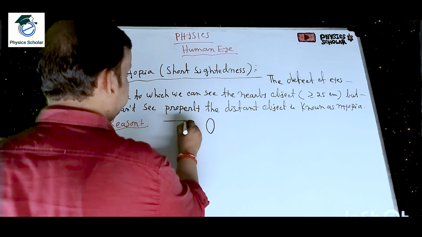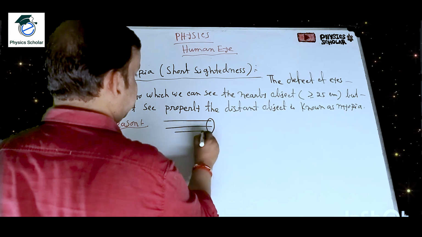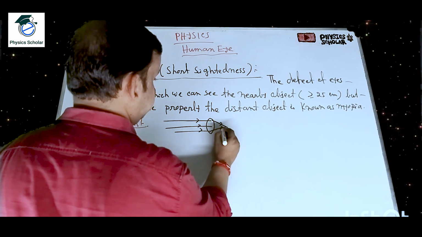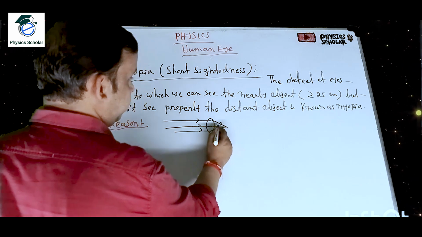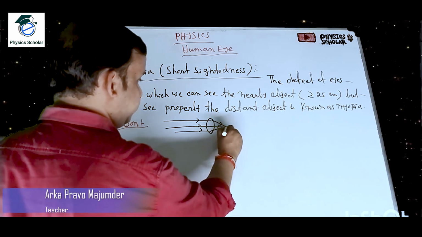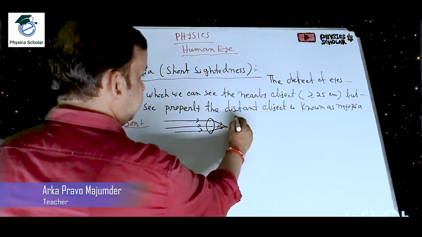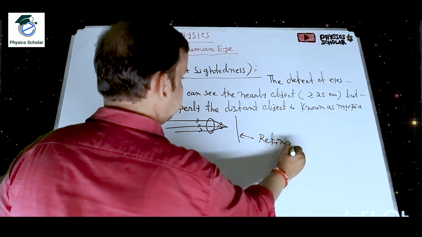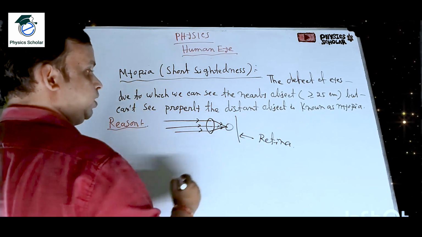So when the rays of light parallel to the principal axis are incident on it, the converging power will increase. That means it will converge or meet sooner, or the focal length will decrease. Suppose this is the retina. The image will form in front of the retina for the distant object.